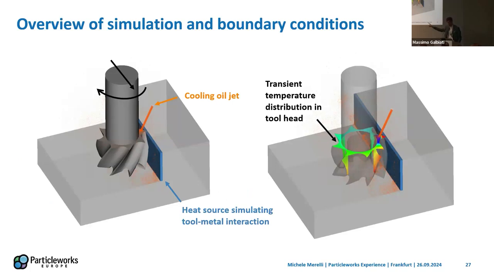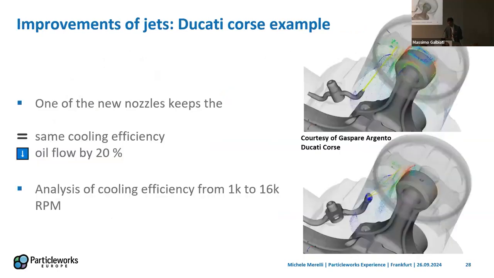Okay, and we can see that the tool, when interacting with the metal piece, will develop a certain amount of heat and a certain temperature profile, and when we apply the jet, that region is cooled very efficiently, but we have, of course, the distribution of temperature inside the tool that will slowly develop in a transient way.